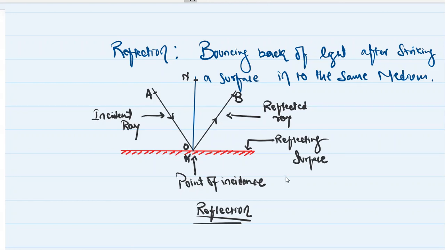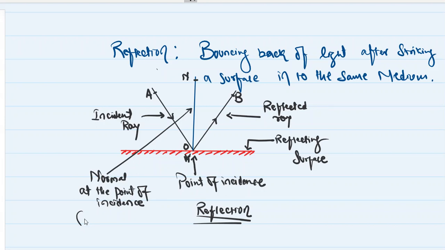And what is this NN dash? This NN dash is known as the normal at the point of incidence. So that normal which we have drawn is an imaginary line.